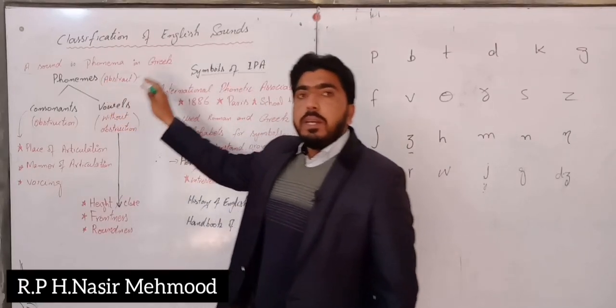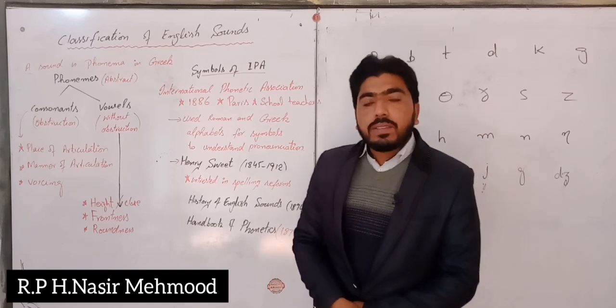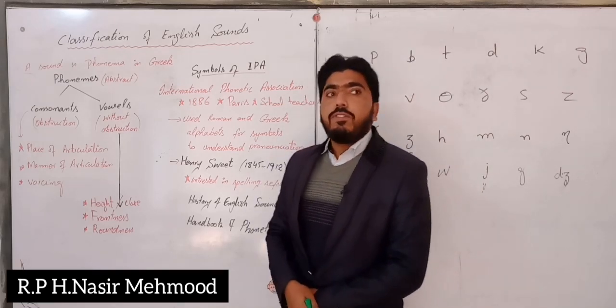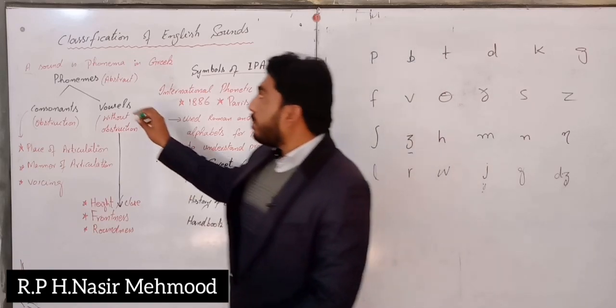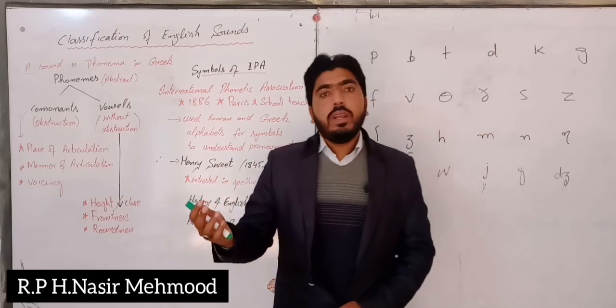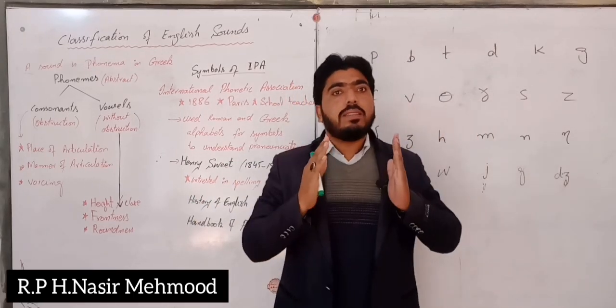The smallest meaningful unit of sound is called a phoneme, right? So a phoneme is different from a phone. Phonemes are present in our mind. These are an abstract concept.